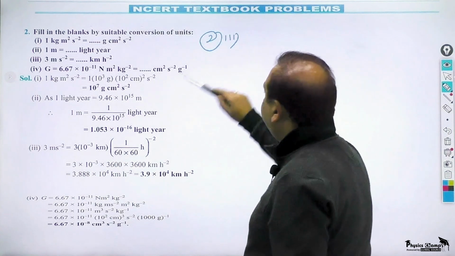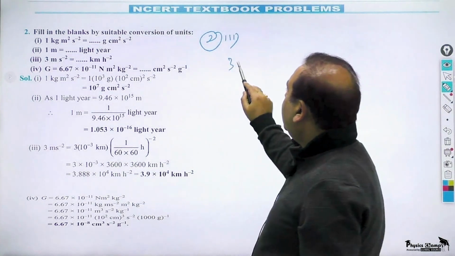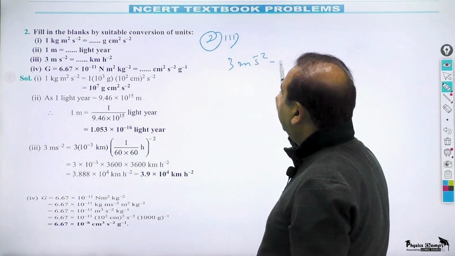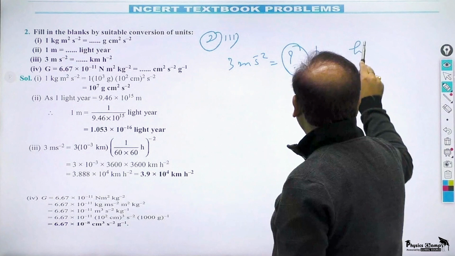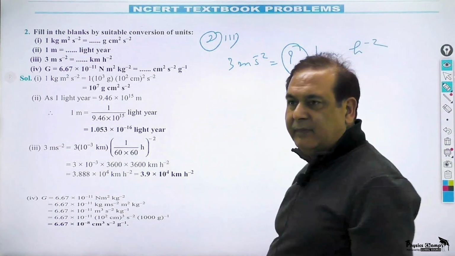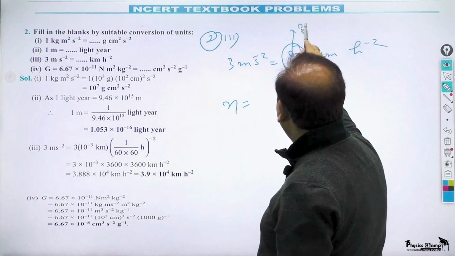Now similarly, part 3 and part 4. Question number 2, part 3. You have a value 3 meter per second square and question is how many kilometers per hour square. Simple. So say it is n.